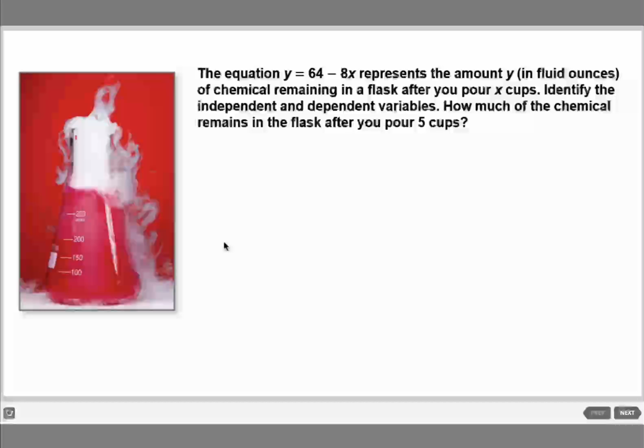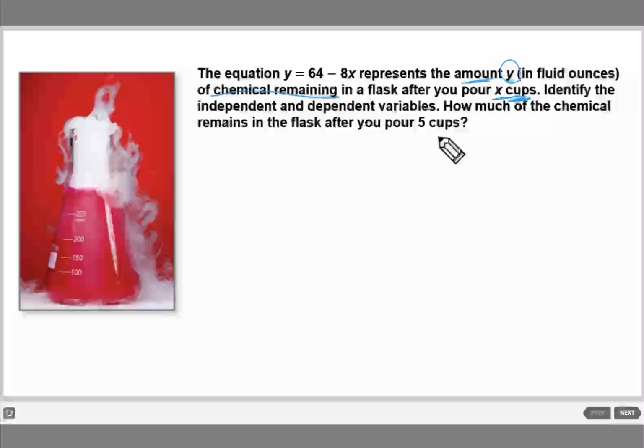I will underline it to make sure that you see it. y is the amount of chemical remaining in the flask. So this is y. And what's x? It is the number of cups that we use. So which one is independent? Which one can change freely?